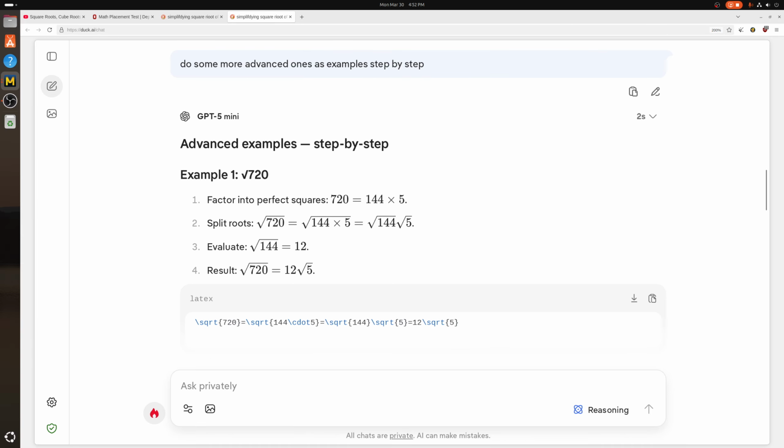Square root 2000, that's like, you can do square root 2, square root 1000. And then square root of 1000 is, no, because 10 times 10 is, no, 100 times 100 is 10,000.